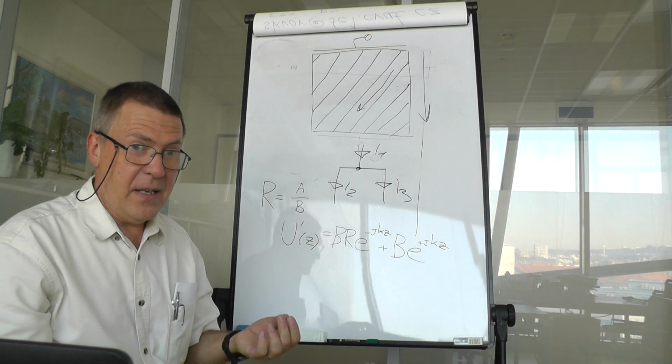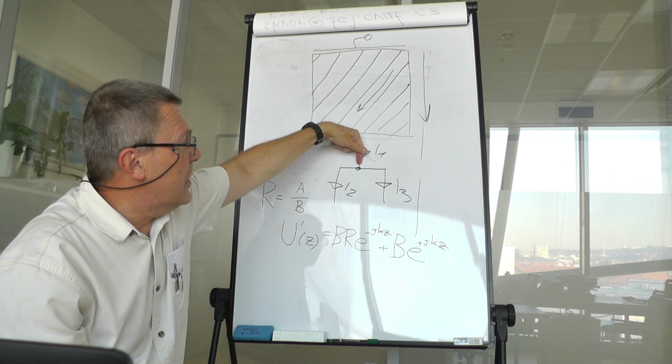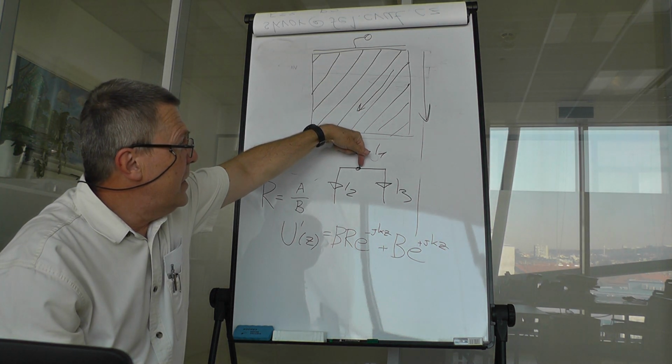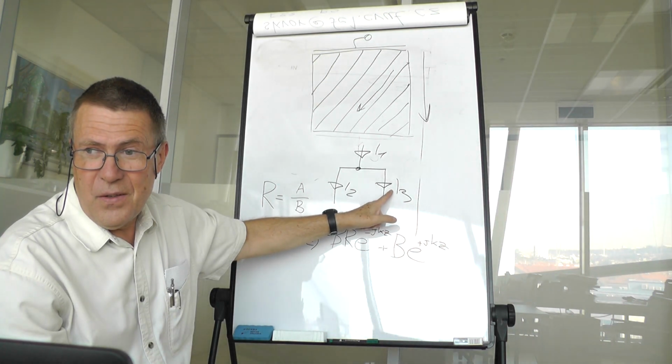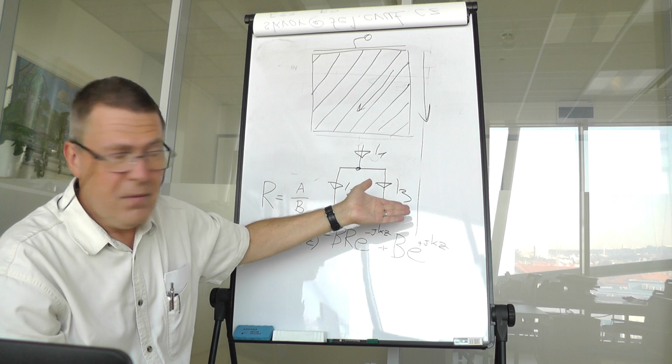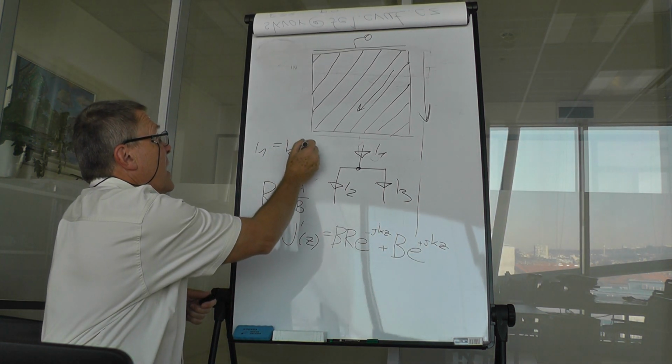And the classic, non-quantum rule says if you feed some current into this wire, the sum of currents in those 2 wires should be the same. So I1 is I2 plus I3.